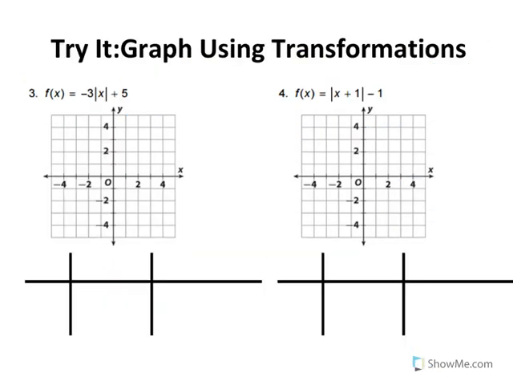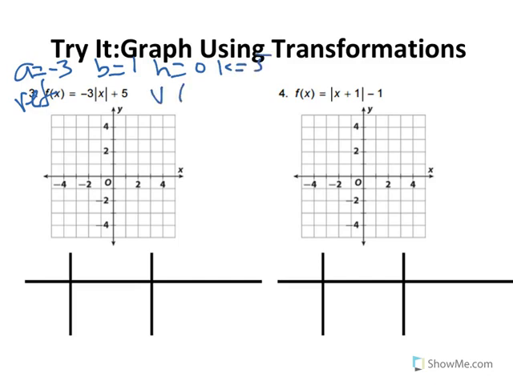Okay, let's go on to number 3. Same thing, so they say try it. I want to do this along with you guys. So A is negative 3, so we know that we're going to have a reflection. B is 1, H is 0, and K is 5.